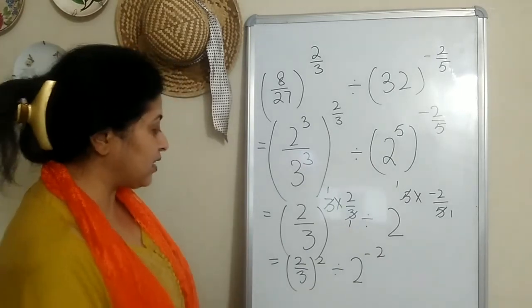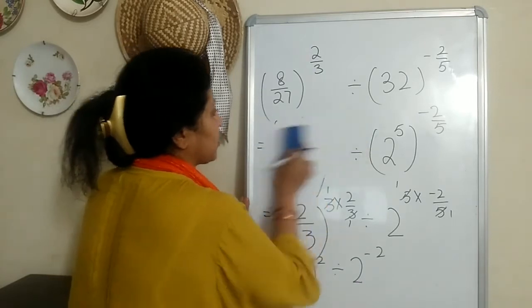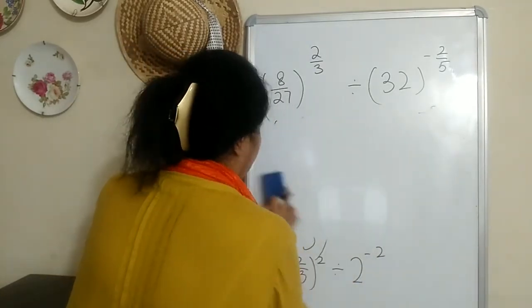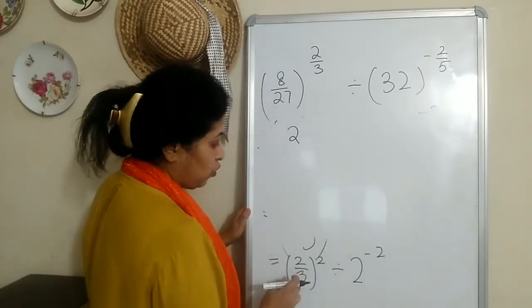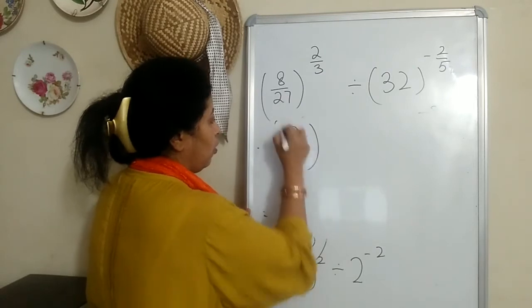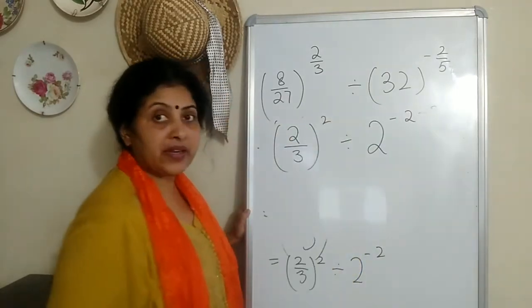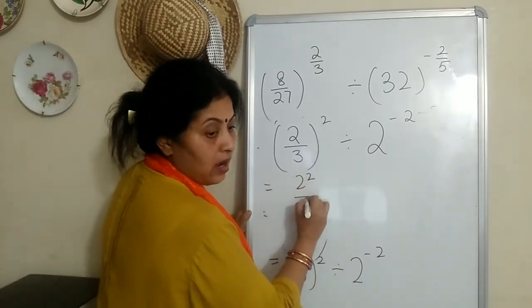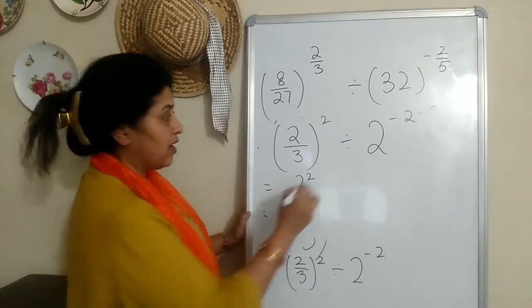So can I write this now? How? I'm rubbing this so that you can see it more clearly. I will write this as 2 by 3 whole square divided by 2 raised to the power of minus 2. And this becomes 2 square upon 3 square, right?